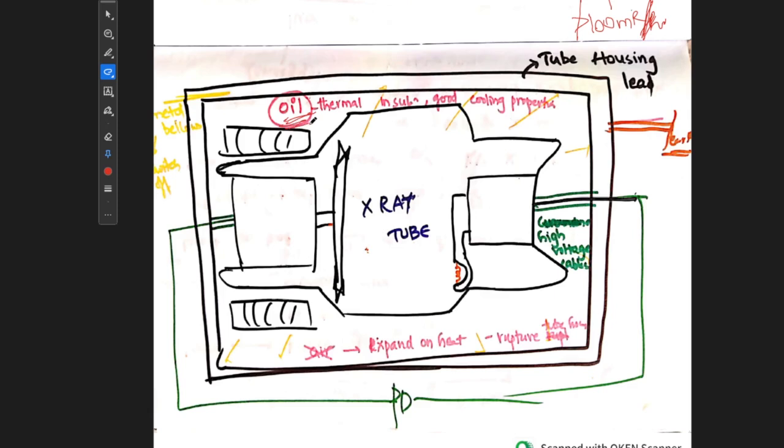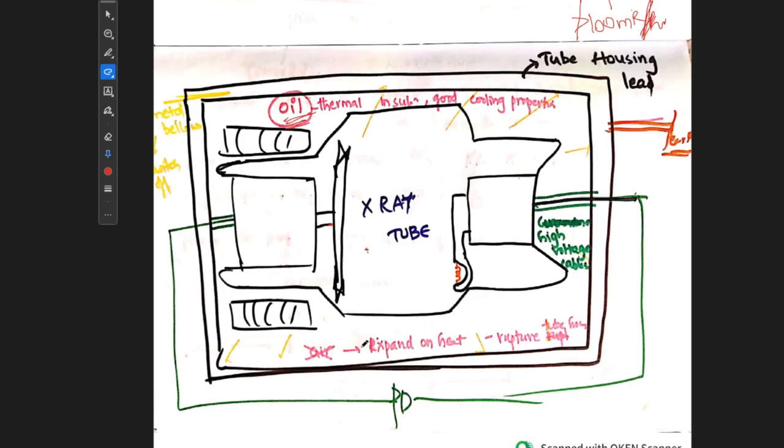This oil is a good electrical insulator and it also has good thermal cooling properties. As a result, oil allows usage of complex X-ray tubes, and oil is very important to dissipate the heat from the X-ray tube to the outside, and it will also block leakage radiation.